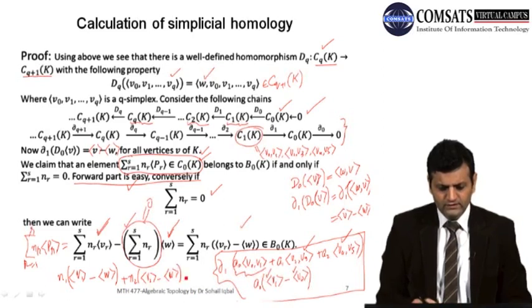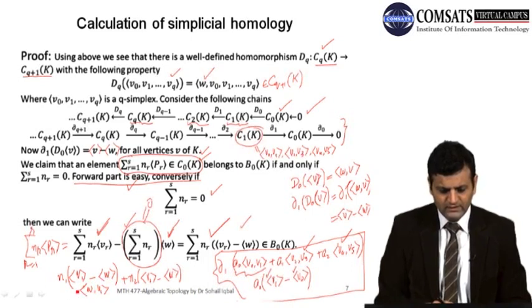Okay, so when we have done this, we can write it in summation form, and since this v1 minus w is basically the boundary of a one simplex, what is this the boundary of? I need the first vertex to be W and the second vertex to be V1, so that the boundary of this thing is: ignore W, we get V1; ignore V1, we get W.